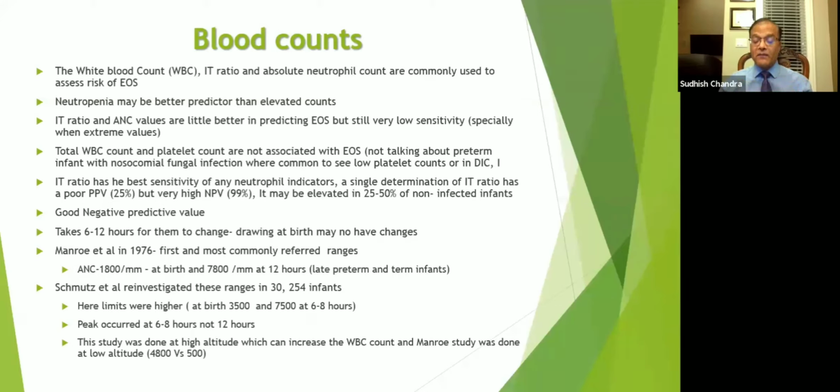And there was one paper actually which compared the Monroe's ranges to the new ranges, and they thought the Monroe's ranges were more sensitive because they were lower values. If they are lower values, they obviously will pick more babies with sepsis, but their specificity was not very good. So bringing those values down, it did improve sensitivity, didn't improve the specificity.